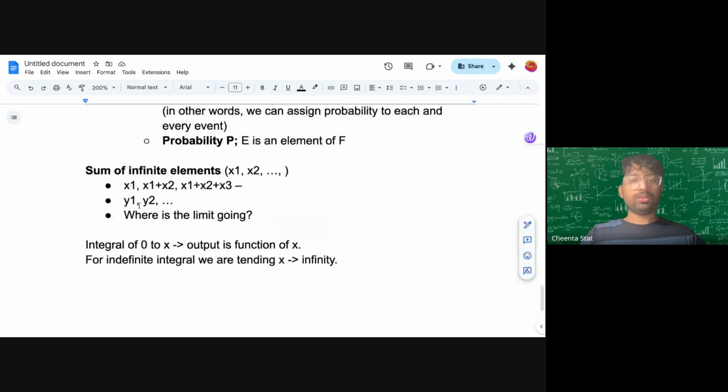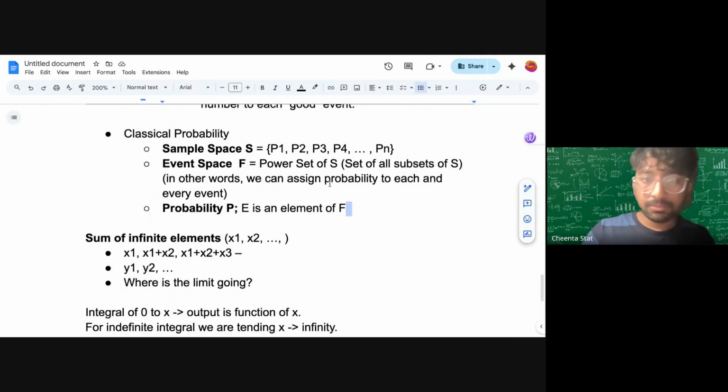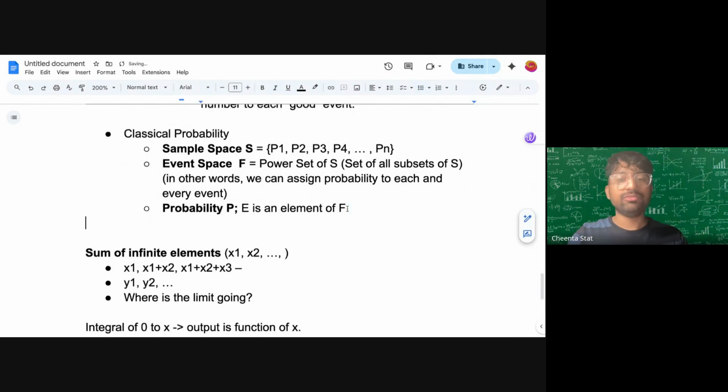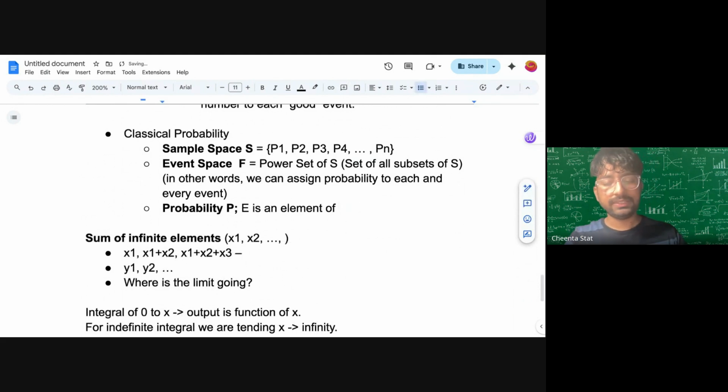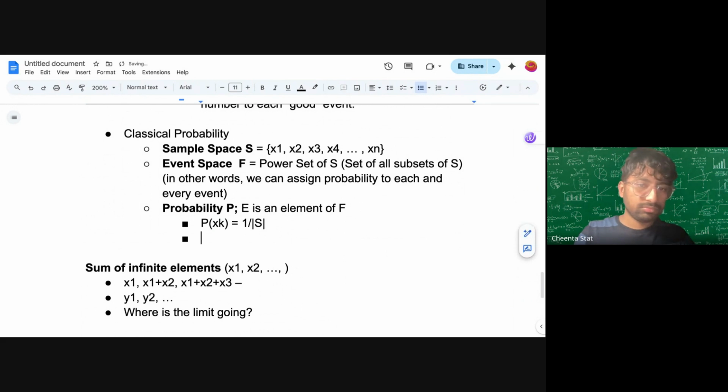Okay, so a probability is an element of F, and how do we define it in classical probability? We define it simply, for each xk, as 1 divided by the number of elements of S. So the probability of any event turns out to be what?